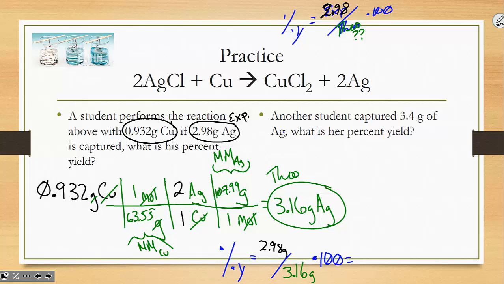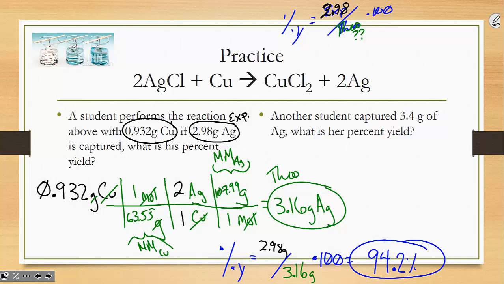Doing that tells us that this experiment was 94.2%. Produced 94.2% of what we should have, which is fairly good. Most likely, when they conducted this experiment, when they poured this blue solution out, they lost some of the silver, but they only lost about 5.8%, which is not terrible.